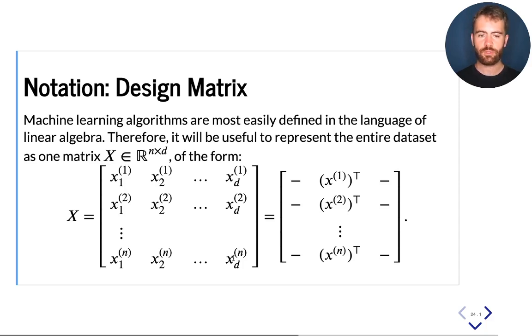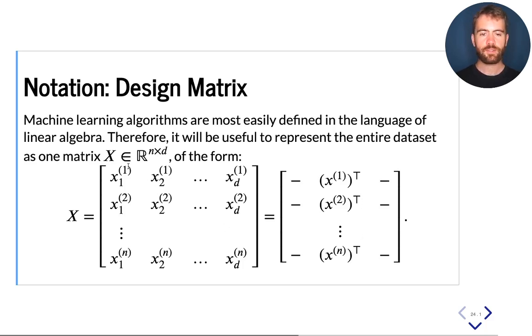Here is the definition of the design matrix, and you can see that it's nothing more than the input vectors being put in row form and stacked one on top of the other.